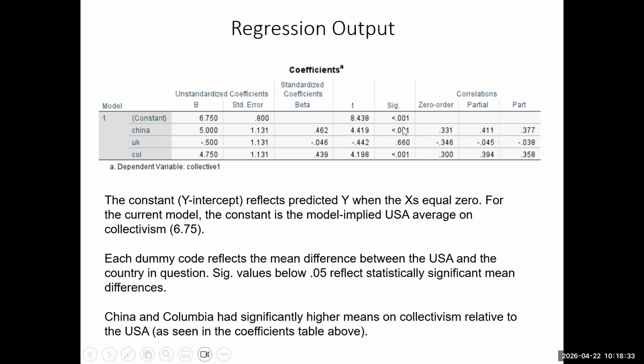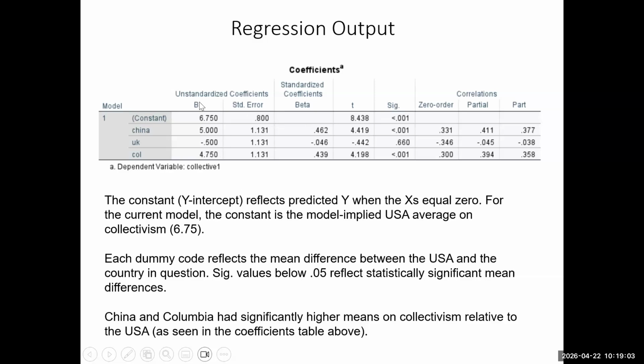And so when a dummy code is significant, it suggests that the pairwise contrast implied by that code is consistent with a significant mean difference. In this case, China is statistically significant, suggesting that the mean difference between China and our reference group, the USA, is significant. And the same is true for Colombia. And then the contrast between the UK and the USA is non-significant.